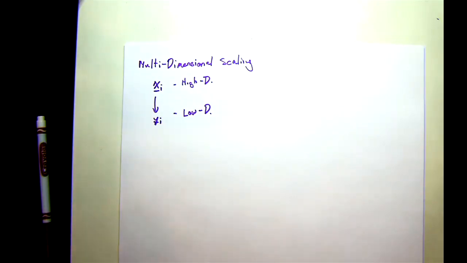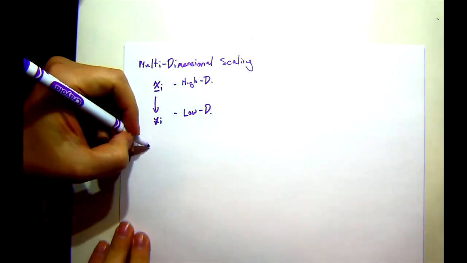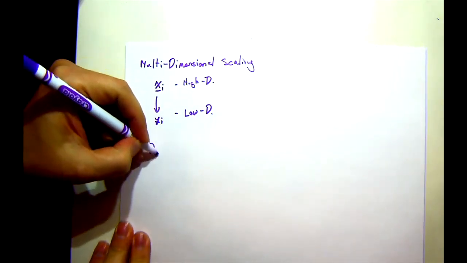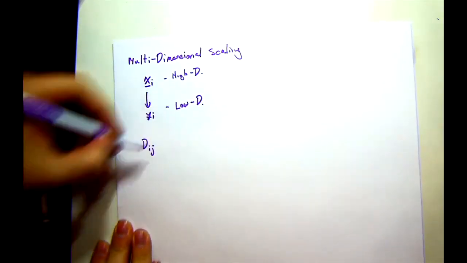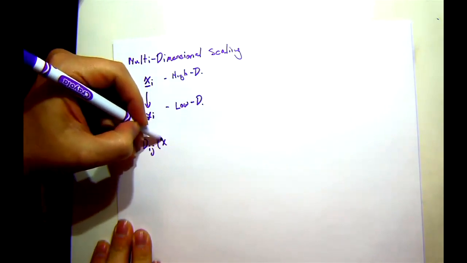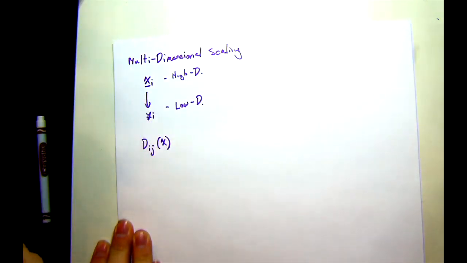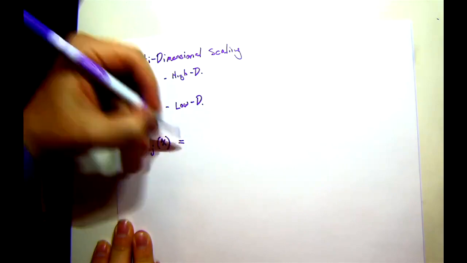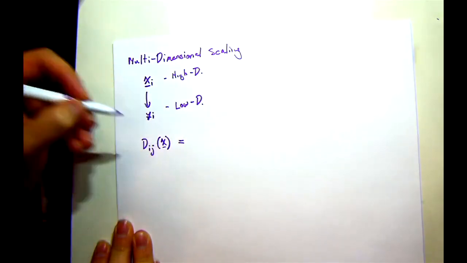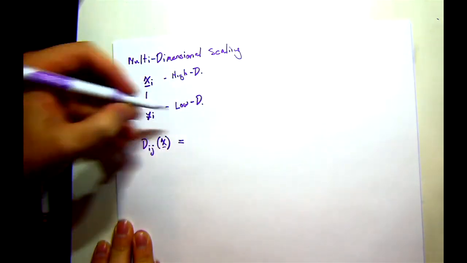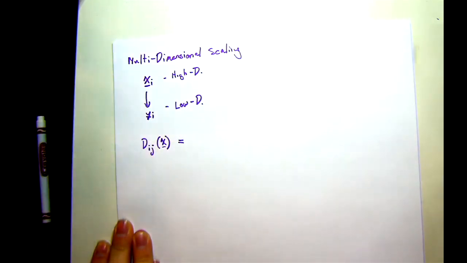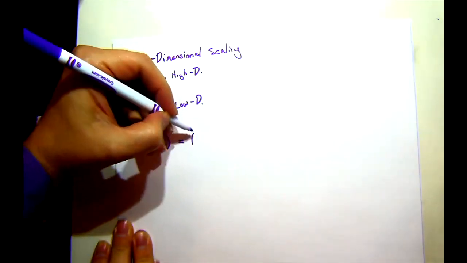To that end, we're going to need to measure our distance. So we look at some dij of a data set. This is the actual distance between 2 specific elements.